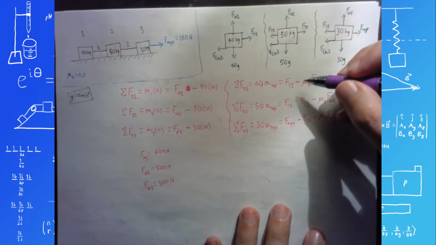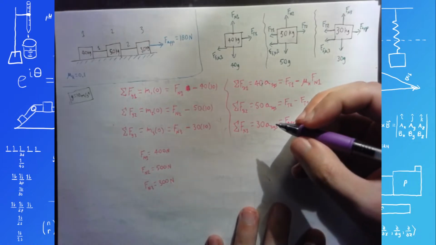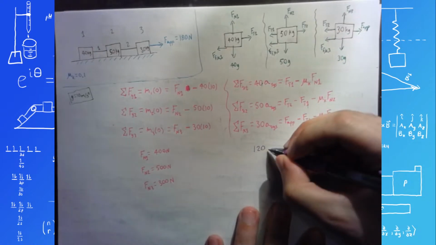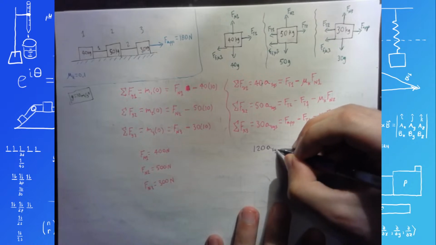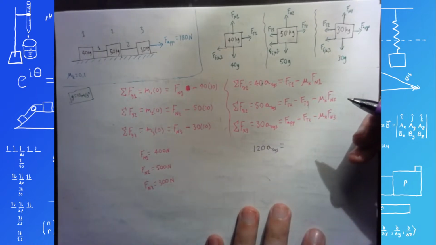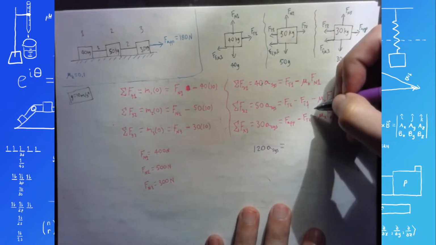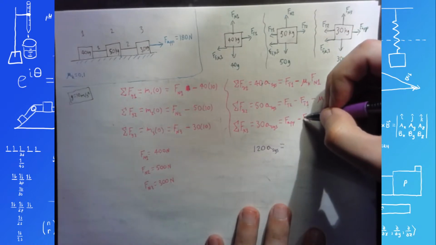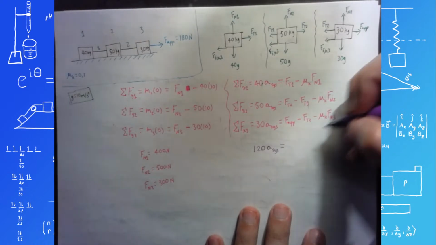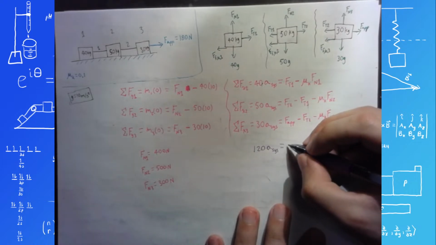So that's going to be, let's see, 40 plus 50 plus 30 is 120 times the acceleration of the system equals force of tension 1 and minus force of tension 1 are going to cancel out. Tension 2 and minus tension 2 also going to cancel out, so those are gone. And I'm left with my positive force as my applied force.